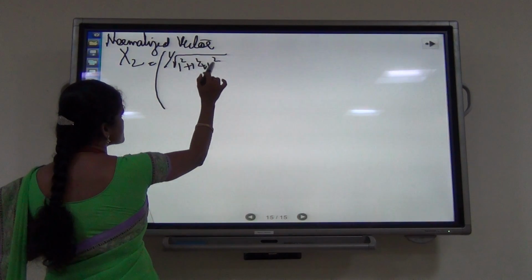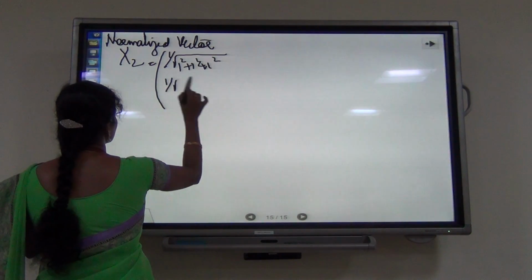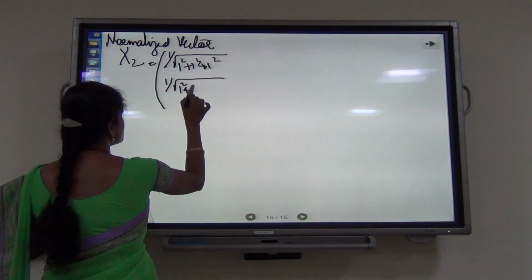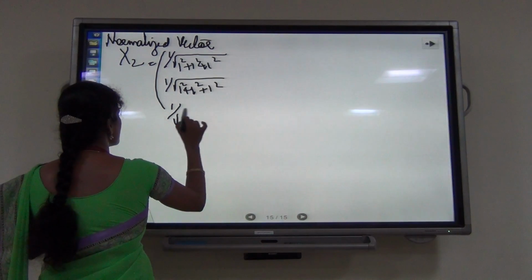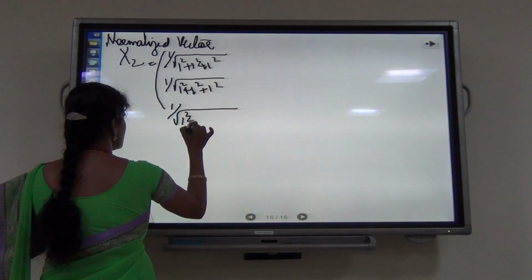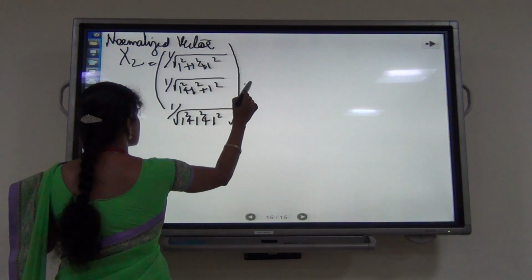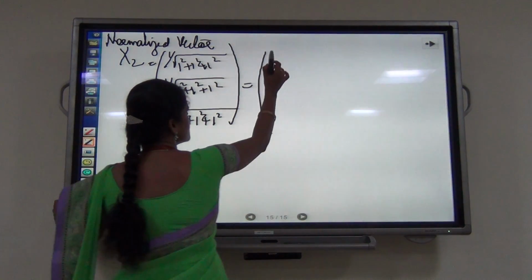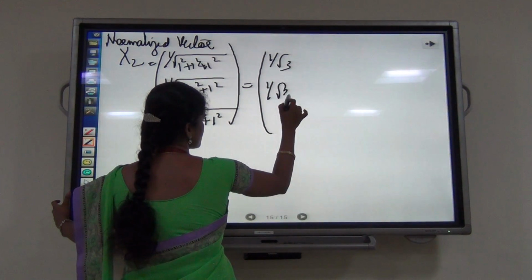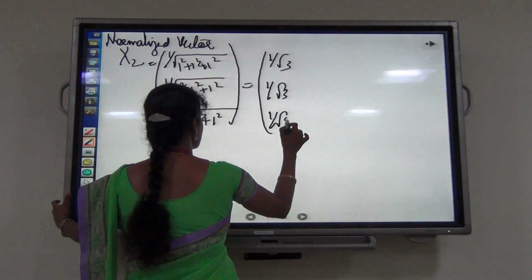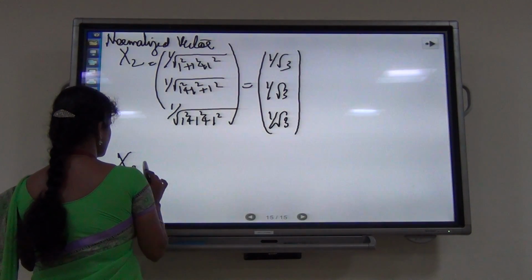So 1 divided by root of 1 square plus 1 square plus 1 square, for each entry, which is nothing but 1 by root 3, 1 by root 3, 1 by root 3.